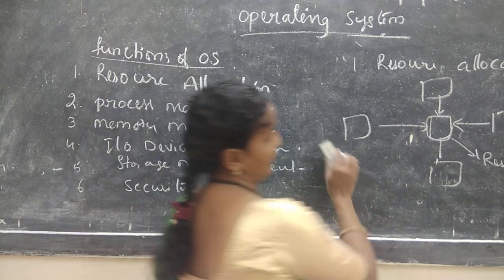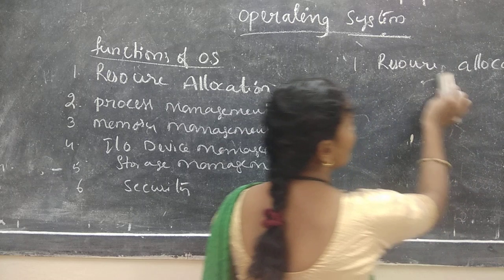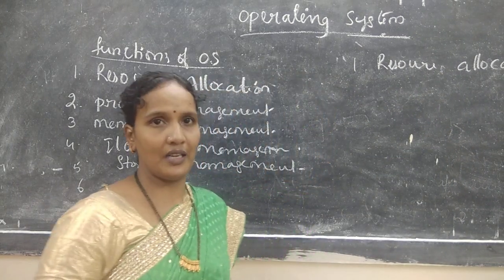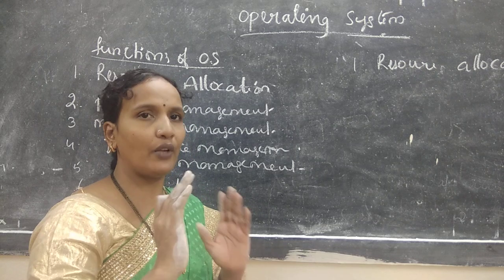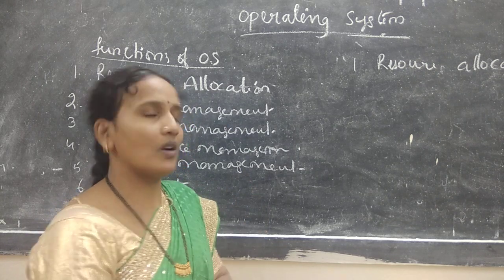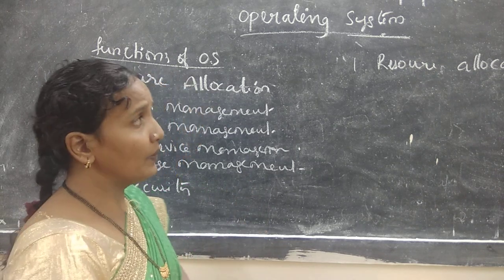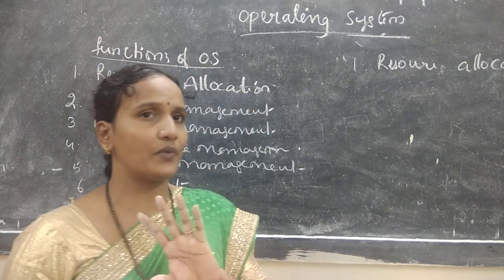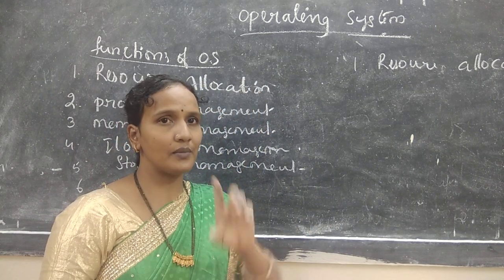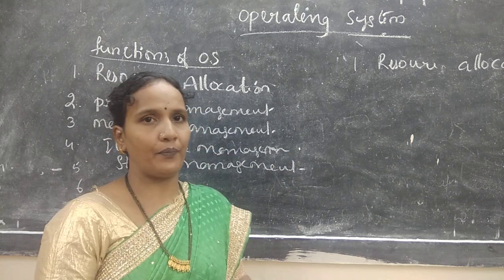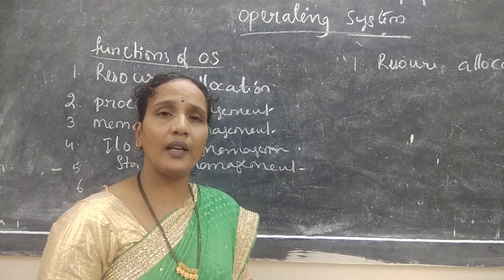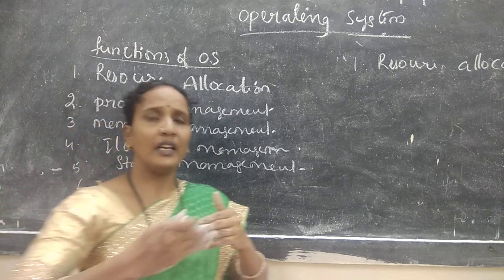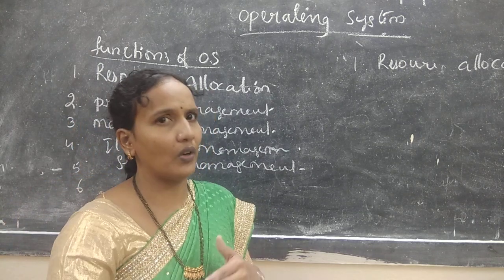So what is resource allocation? I think you all understood resource. When any device is shared among different systems, then that is called a resource. Resource allocation means, in the previous example, 4 systems are requesting for one printer. So it is the job of the operating system to give that resource to those 4 systems, according to a time or a priority.